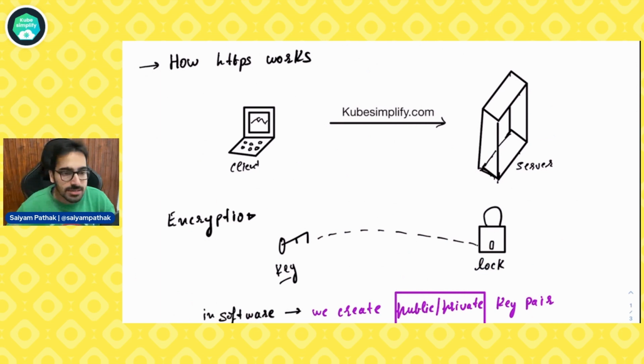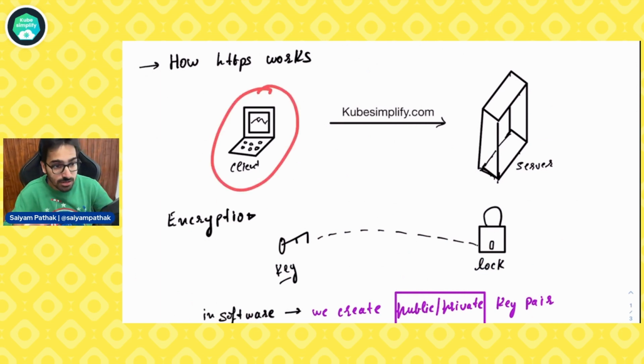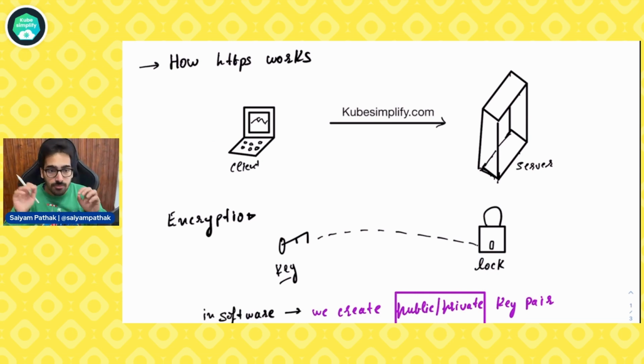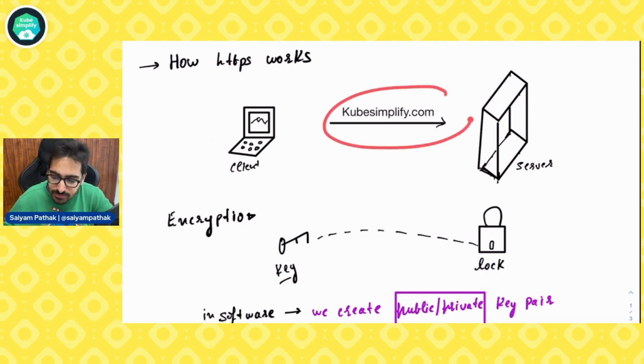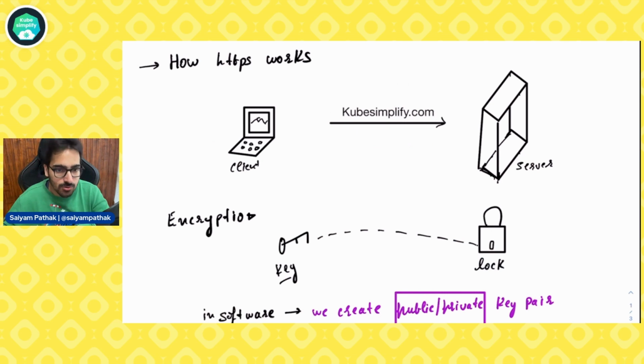Now, very simply, how HTTPS works is, there is a client, that is your laptop or your work machine. From there, you send a request to a particular website, for example, kubesimplify.com. This request goes to the server where kubesimplify is hosted, and it will respond with a certificate and a public key to the client.